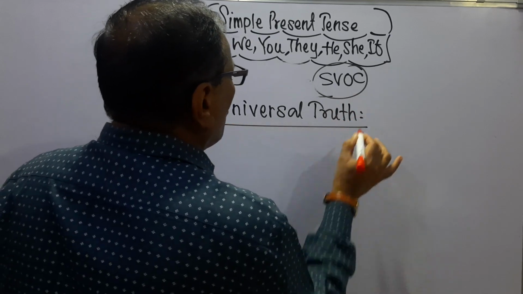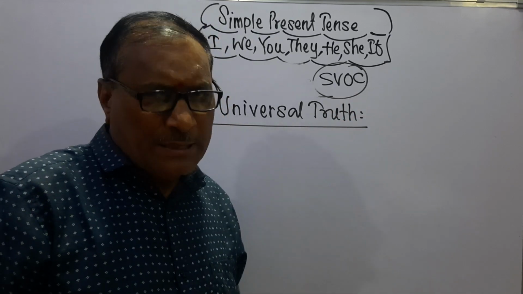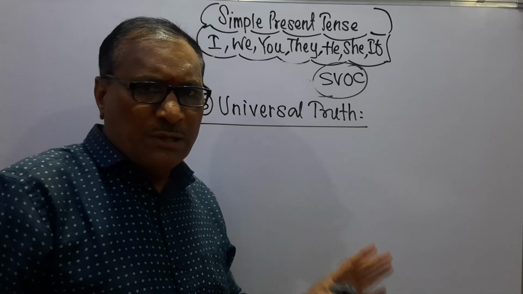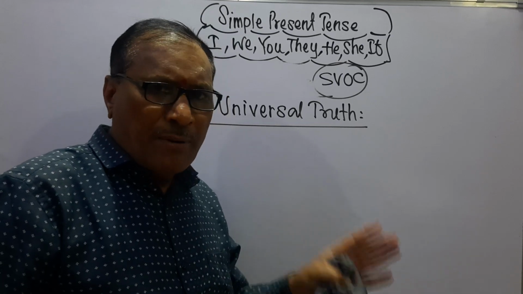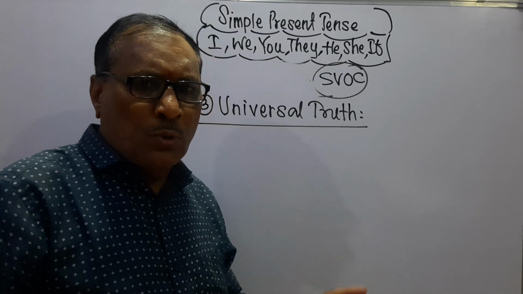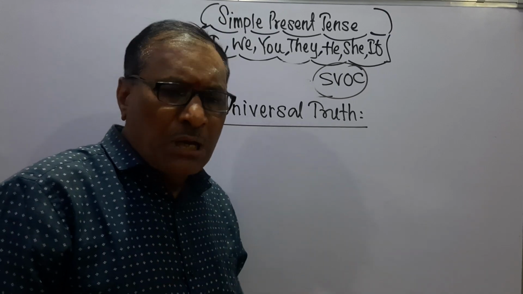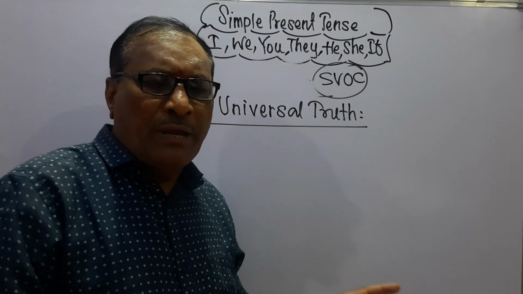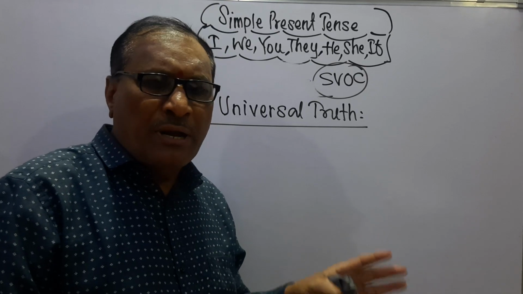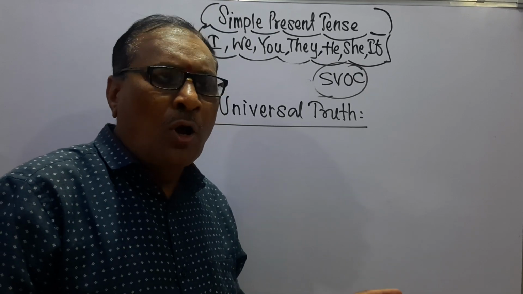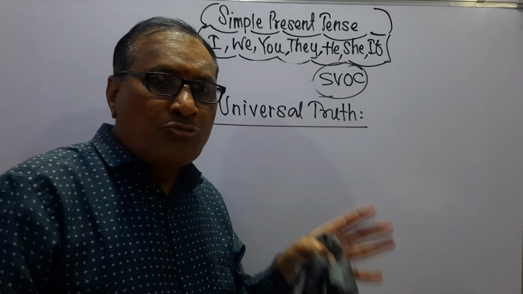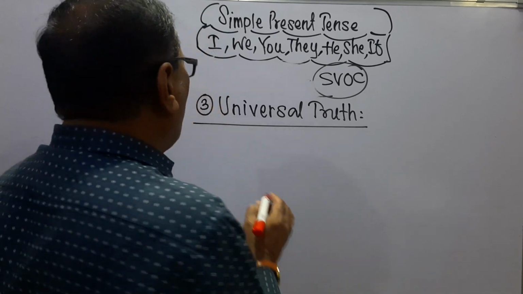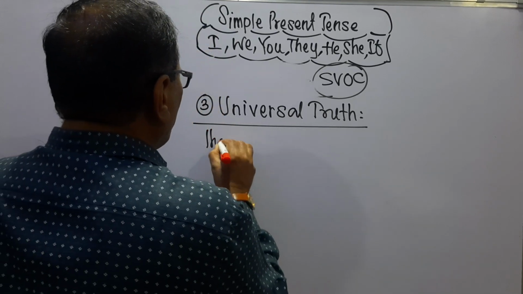Universal truth means always true things: things which in the present, in the past, and in the future will not change, and will always be true. That's why it is called a universal truth, or a three-time truth.